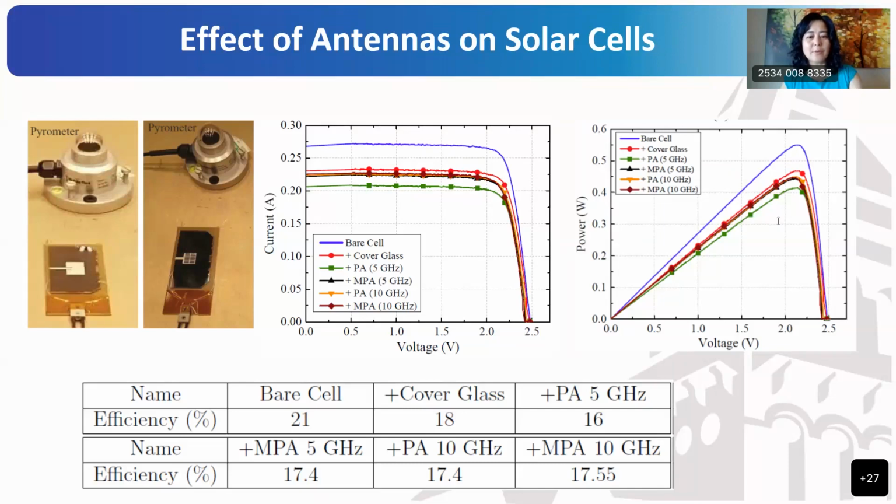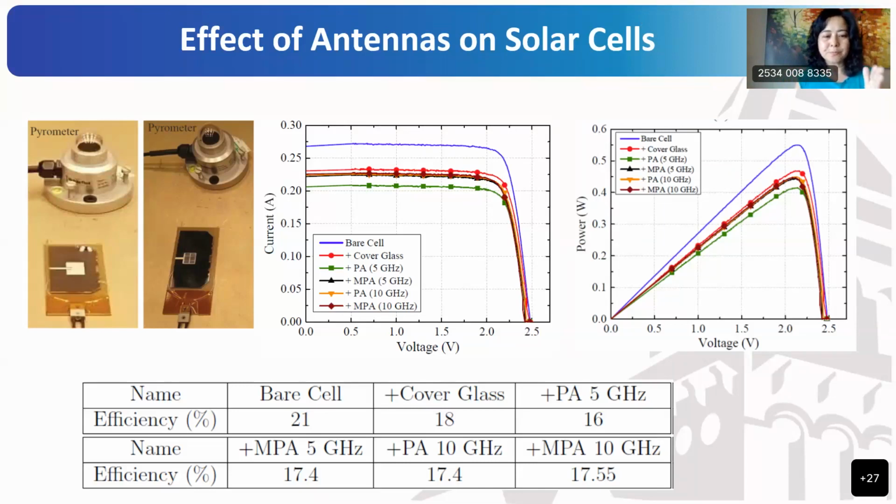To do that, we put a non-transparent solid patch and different transparent patches on the solar cell. We printed the non-transparent patch as well as the transparent patches on the glass, and then put the glass on top of the solar cell. We do that by inkjet printing. You can do screen printing as well, but we do inkjet printing here.